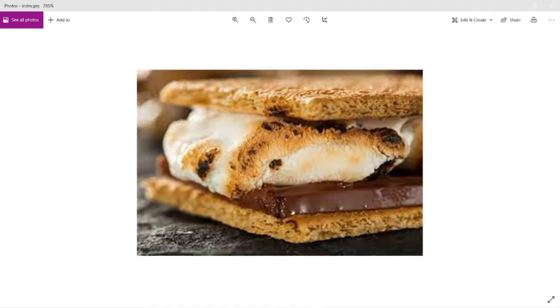This food is known as s'mores. The specialty here is a sugary treat with melted marshmallows, crackers at the top, and melted chocolate. It is so sweet, so those who have a sweet tooth can prefer this.